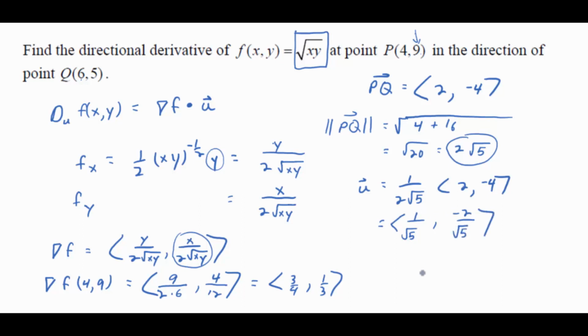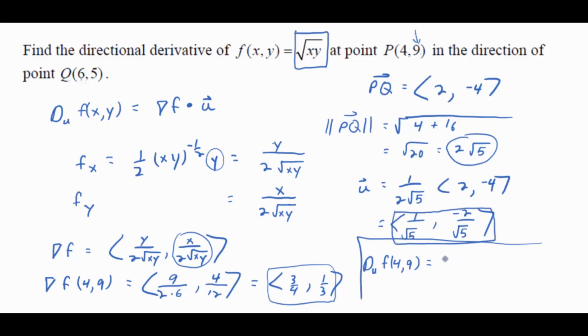Okay? And so, finally, what's the directional derivative evaluated at, what was it? Find the directional derivative in the direction of 6, 5, so at 4, 9, right? Well, that's going to be this guy dotted with this guy.